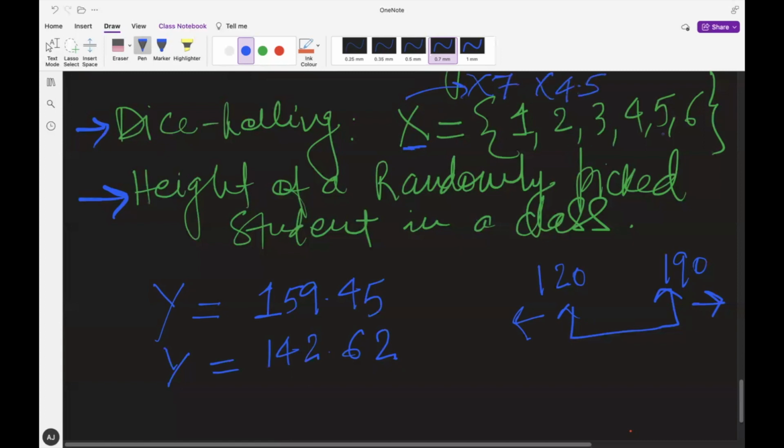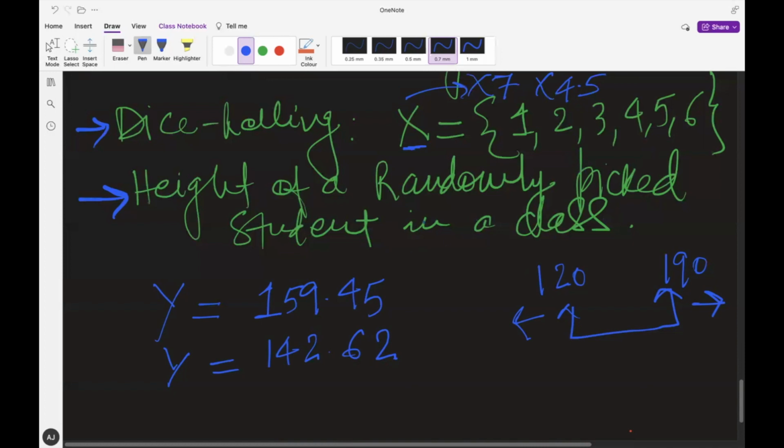It can only take values from 1, 2, 3, 4, 5, and 6. Fine. So if a random variable can take one value in a finite set of values, it's called a discrete random variable, because it can take only one of the values from a discrete set.